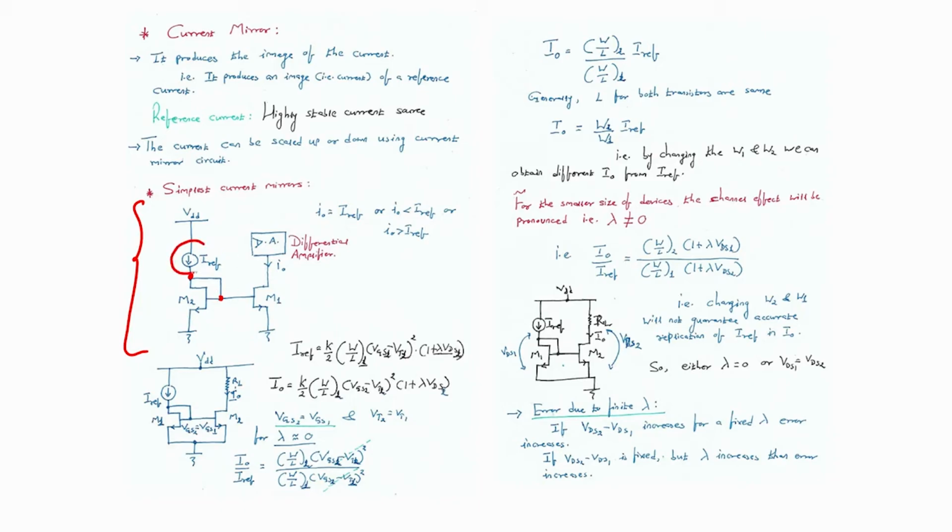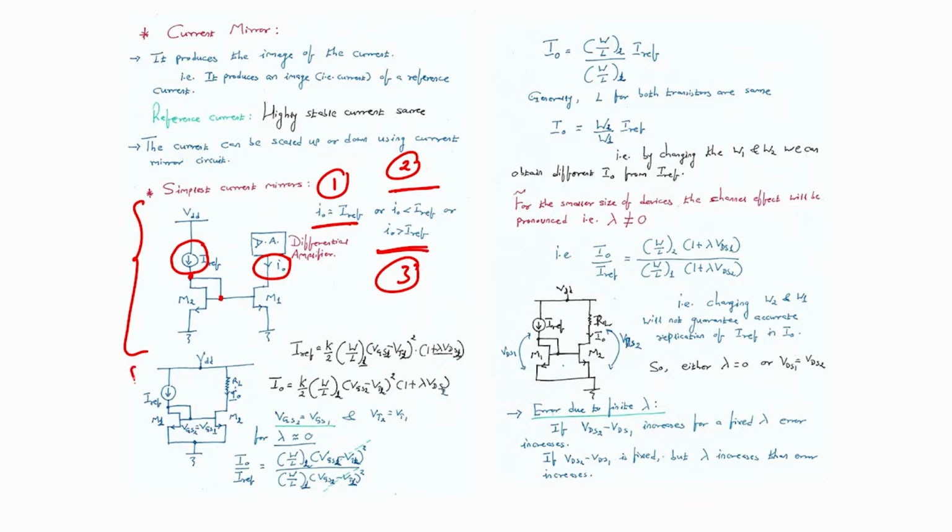There is an I reference here, and this is IO. So, IO is the mirror of I reference, and in this case we can have IO equal to I reference, IO less than I reference, or IO greater than I reference. We can have three conditions, 1, 2 and 3.